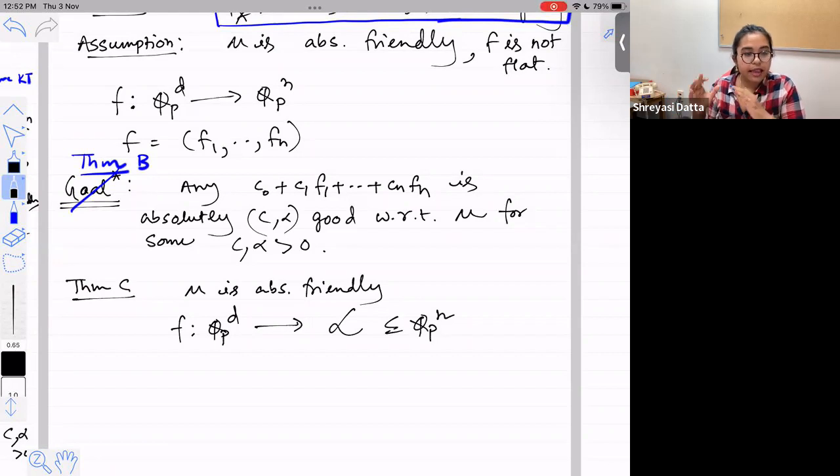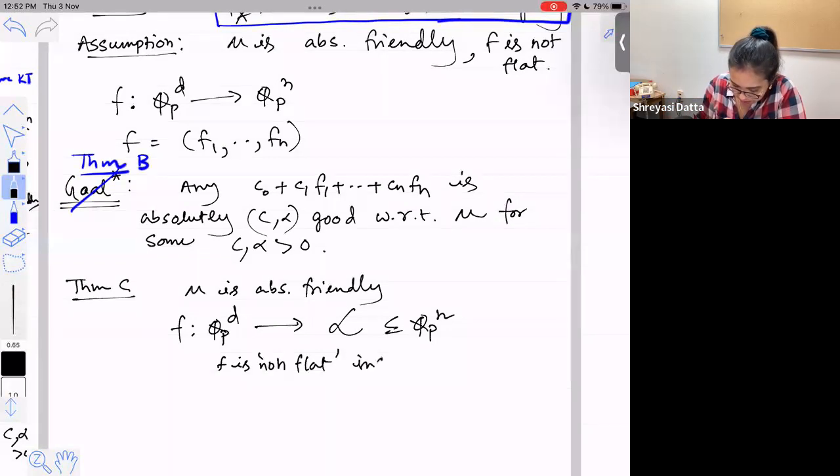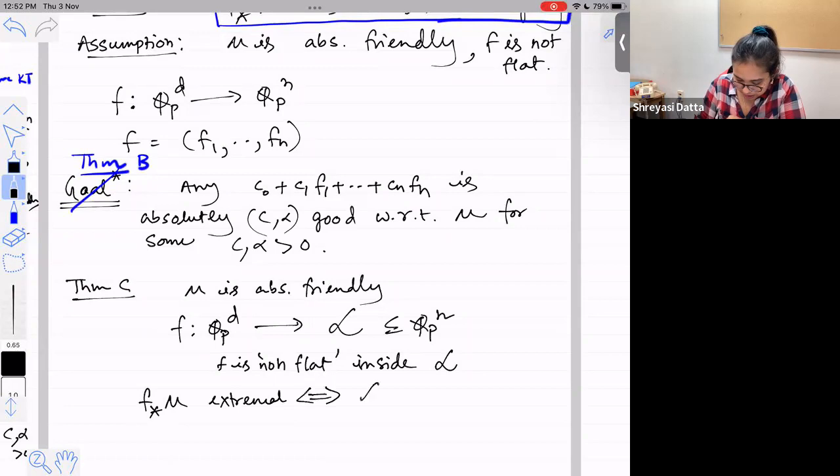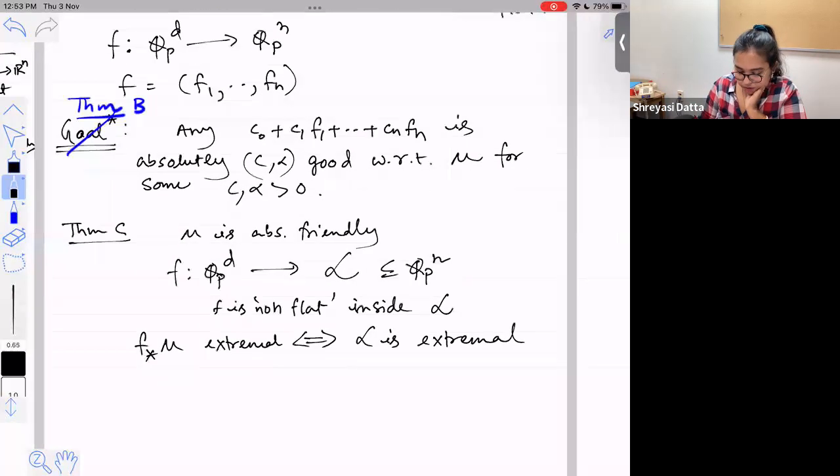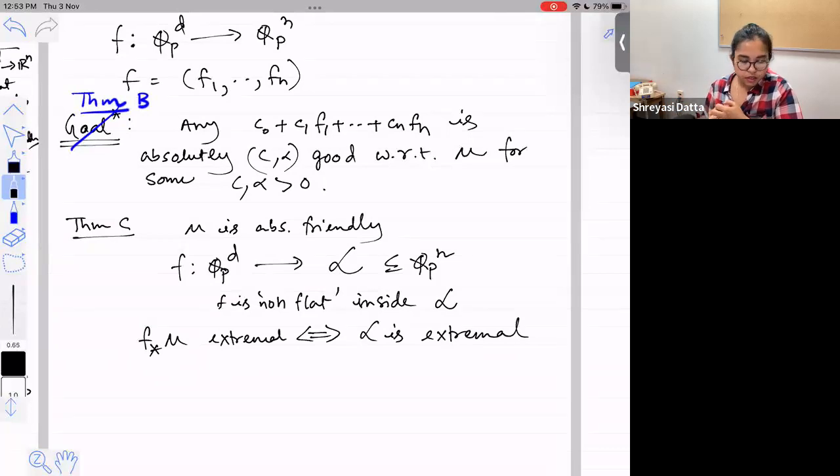So L is the least affine subspace where F is inside. In some sense, it's saying that F is non-flat inside L. And then the conclusion is that F star of mu is extremal if and only if L is extremal. In fact, you can also talk about Diophantine exponents, that their exponents are the same.